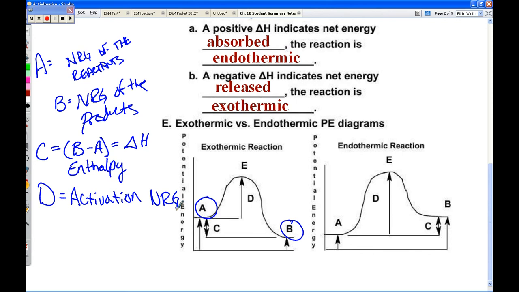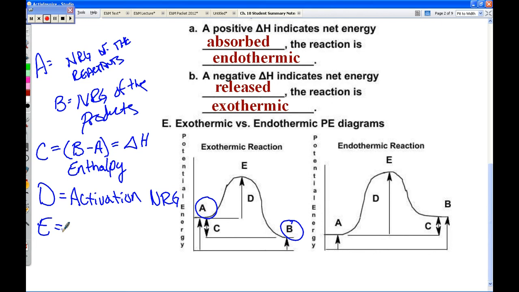And E, actually, that's a good question. D is the difference between the energy that you start with and this top point.